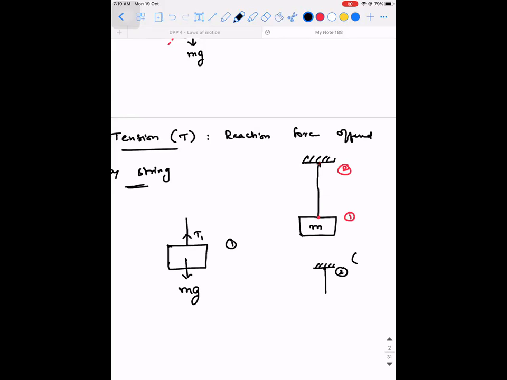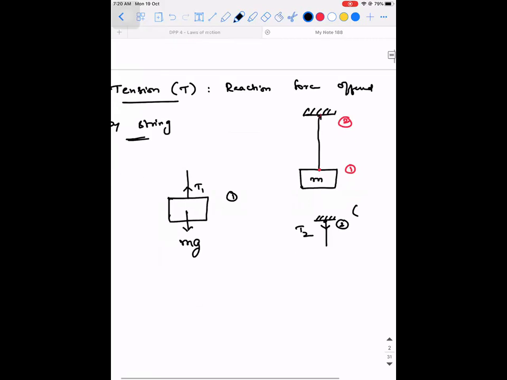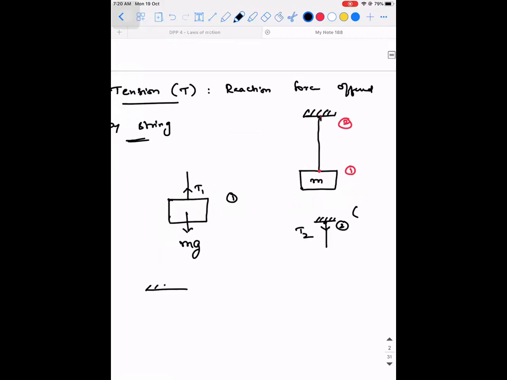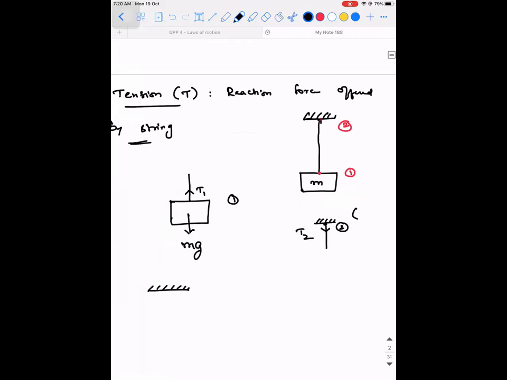A point is in contact. There will be no normal force. Rather, if at the bottommost point the tension is acting in the upward direction, at the other end it will act in the downward direction. Where if I call it T2, the string will actually try to pull the ceiling down.